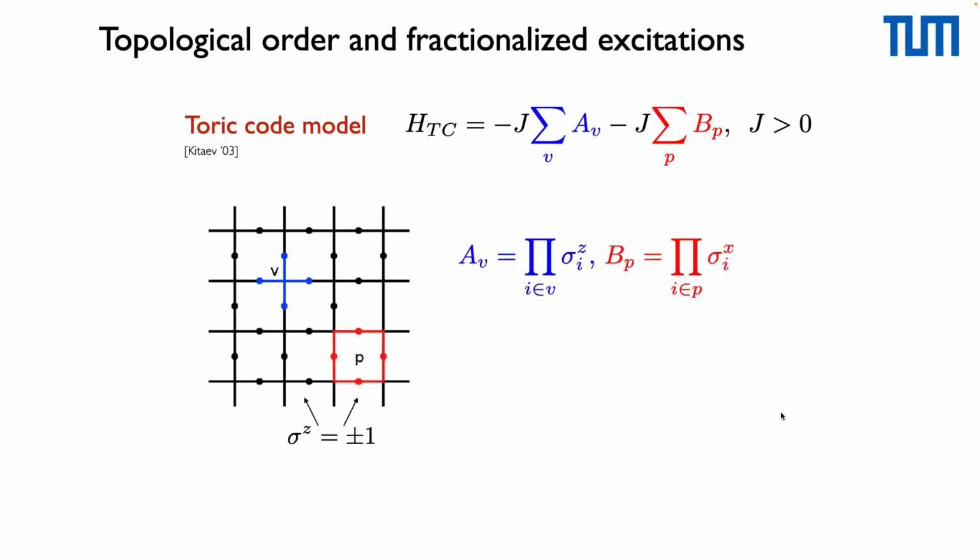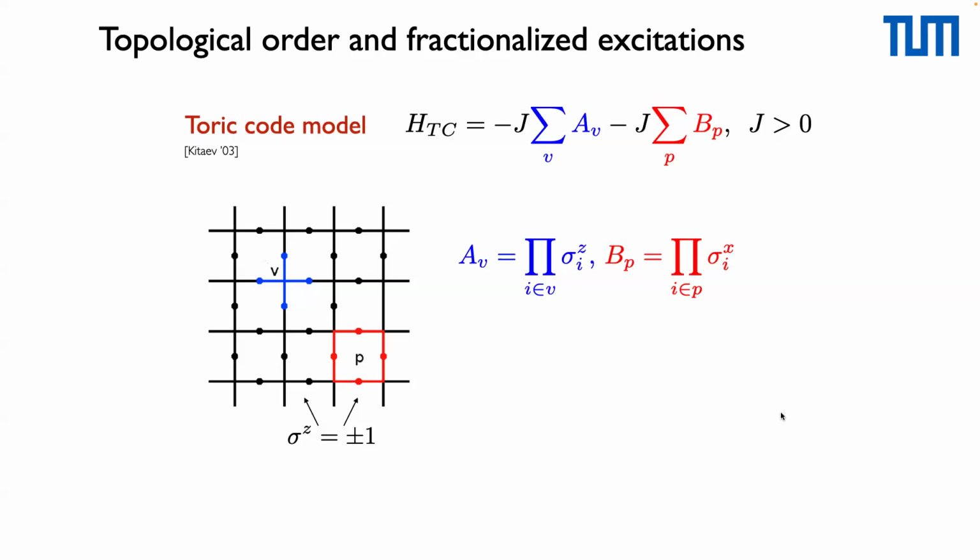So now coming down to the stripped down, very simple model which realizes topological order. And this is the toric code model, where we have the physical degrees of freedom living on the bonds of a square lattice as shown here.